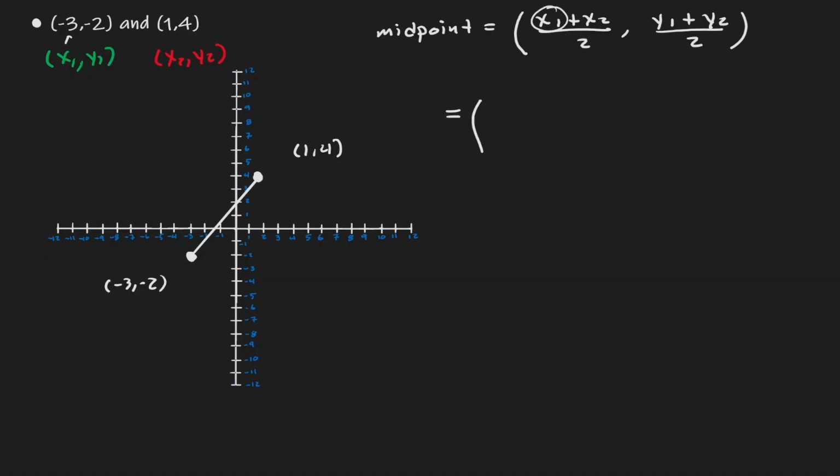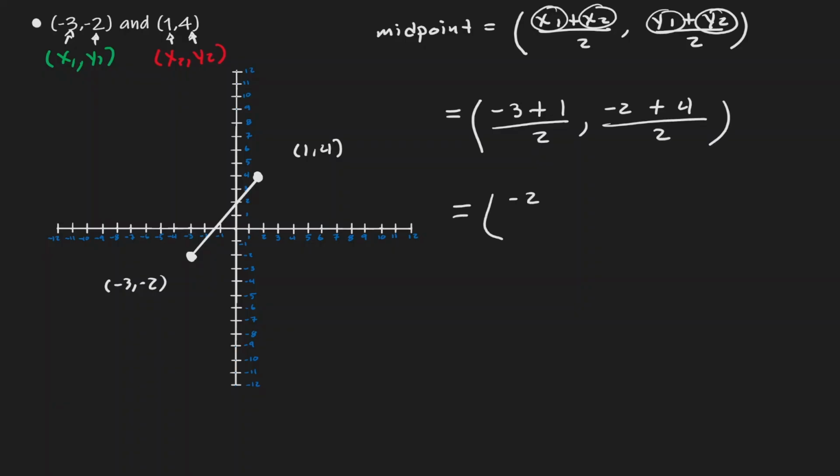x1, which is -3, plus x2, which is 1, divided by 2. y1, -2, plus y2, which is 4, all of it divided by 2. We get -2 over 2, and 2 over 2.